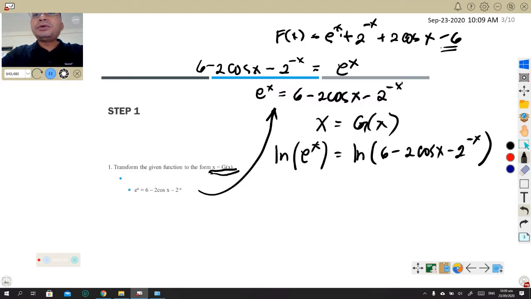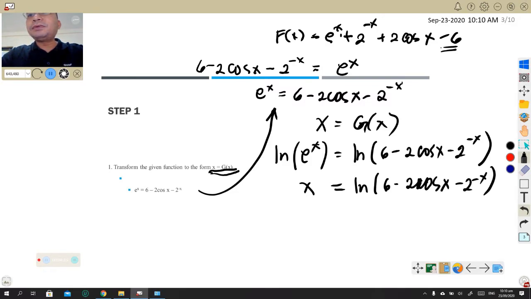Taking the ln, ln of e raised to x becomes x, which is equal to ln of 6 minus 2 cosine x minus 2 raised to negative x. So that is if we want x extracted from e raised to x.